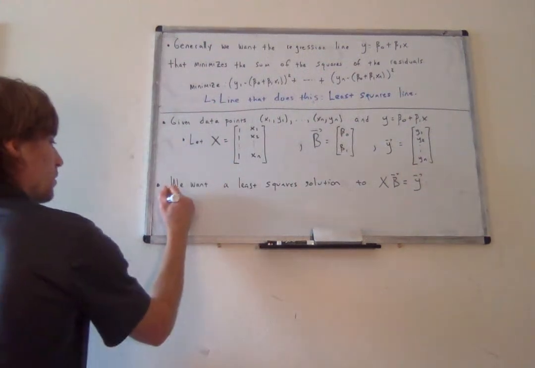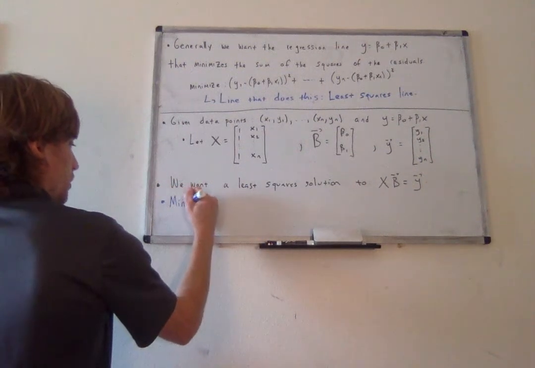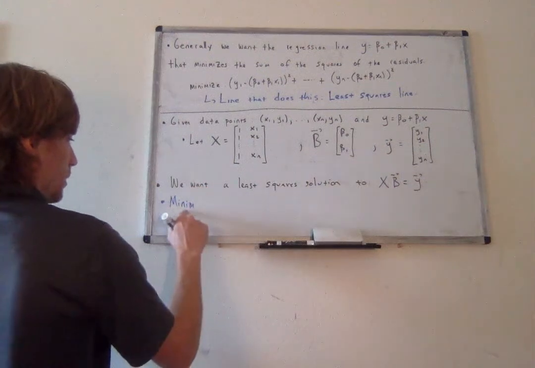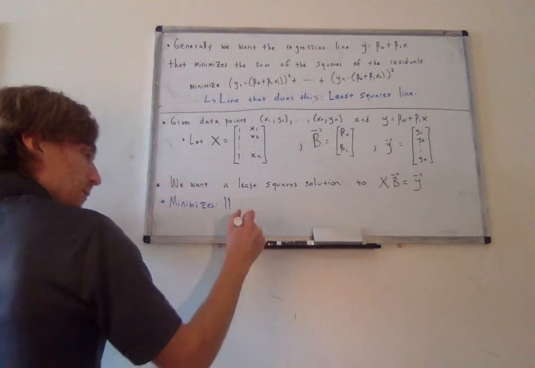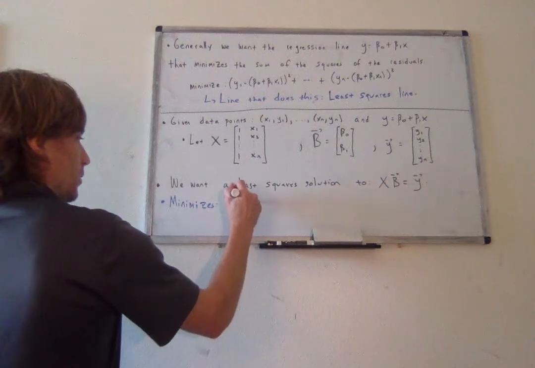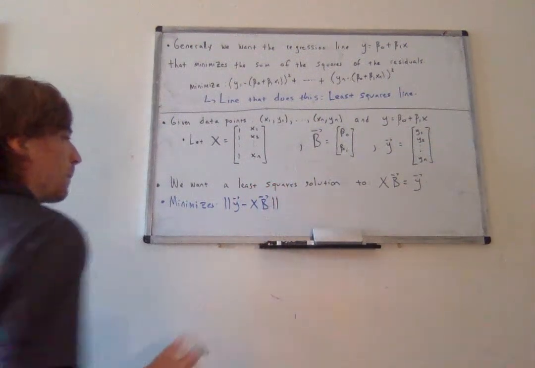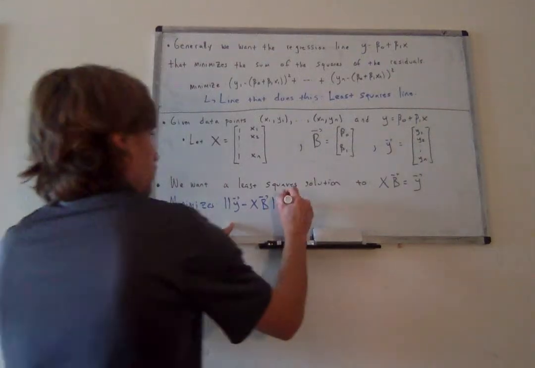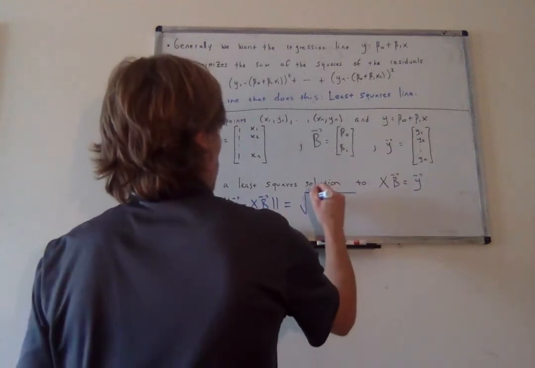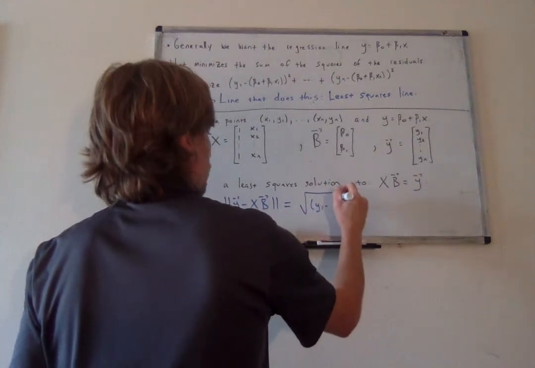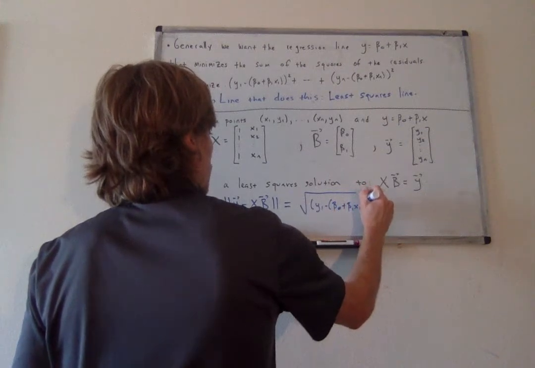But remember, what a least squares solution does in terms of a matrix equation is it minimizes the value of the difference of the vector y minus the vector x times b. But notice that this is just equal to the square root of the sums of the squared differences of the entries, which, as it turns out, is exactly the thing we're trying to minimize.